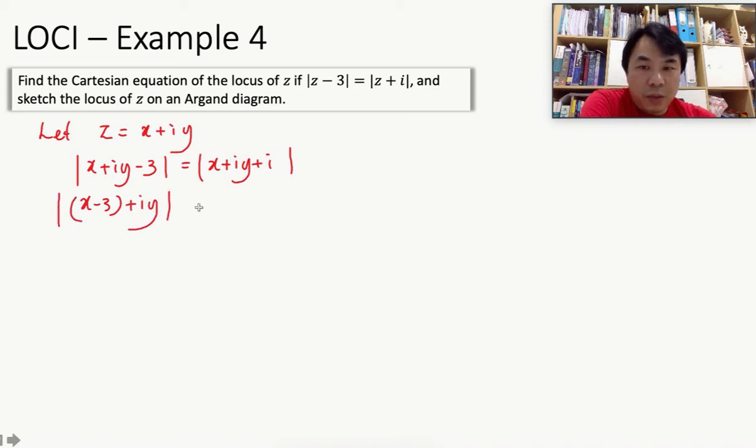And then always combine it carefully so that we don't make any mistake like what I did just now. So this is 1 plus y i.